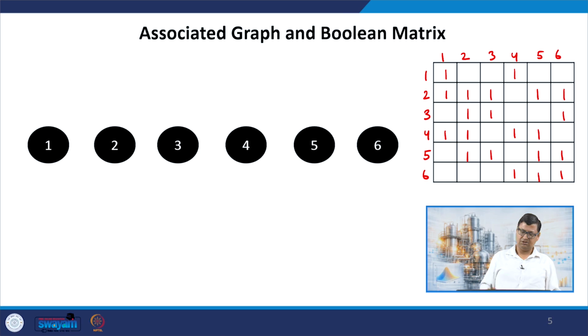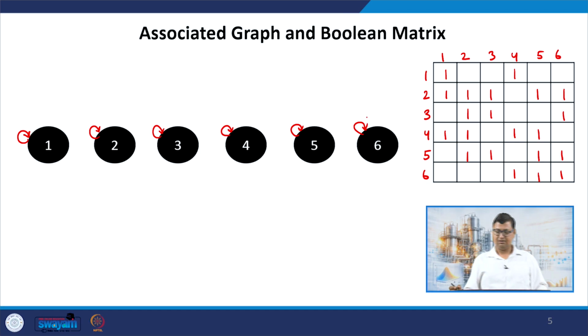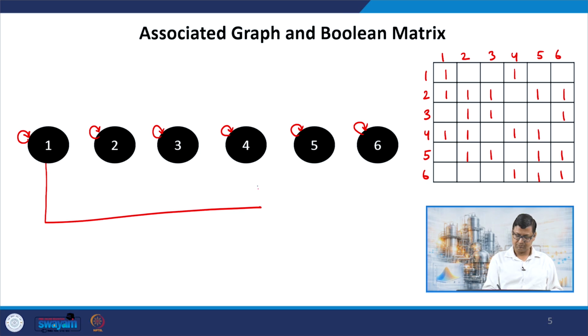Now, we can do the graph. So, we have self loops, but we are not going to worry about them later; just for the sake of completeness, let me do the self loops corresponding to the diagonal terms. And then from 1 to 4, we can go in one step.